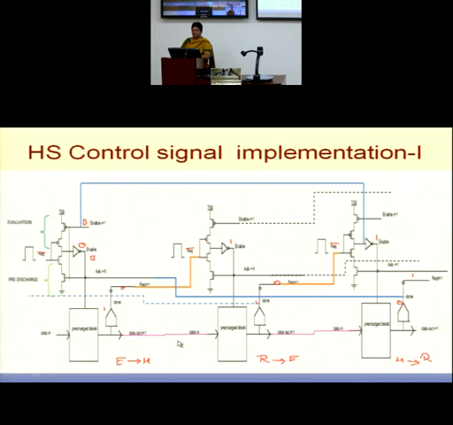This is evaluation, hold, reset. So when this is changing from evaluation to hold, this will change from reset to evaluation, and this will change from hold to reset. So ultimately, this will come to hold mode, this will come to evaluation mode, and this will come to the pre-charging mode. But I am saying I do not wait for this signal to come.